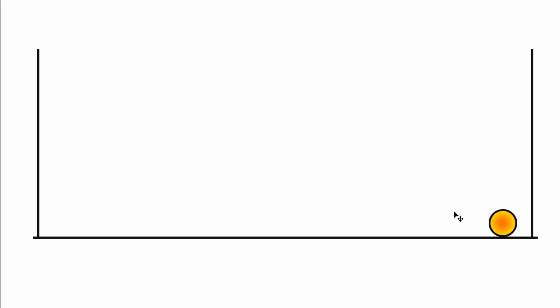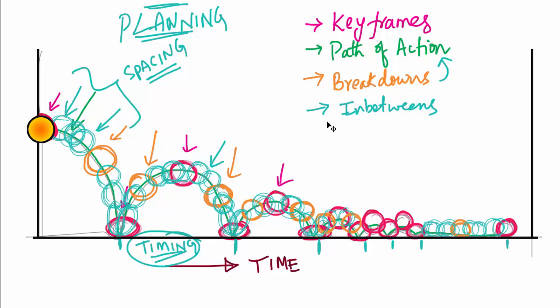I will add all the breakdowns, then I will show the animation. If I play, I added up to here, see, it comes like this. Up to here only I've added, and I've not added these breakdowns, so it is coming like this.